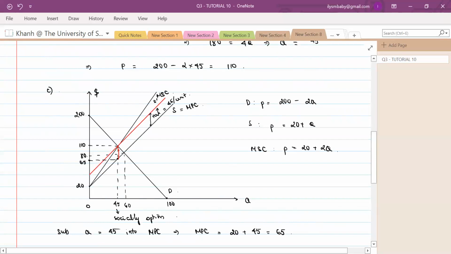So by producing 60 units of output, if we do not impose any tax on the firm, it is basically overproduced. It's producing too much. So the deadweight loss is going to be the difference, the whole amount of output from 45 to 60.